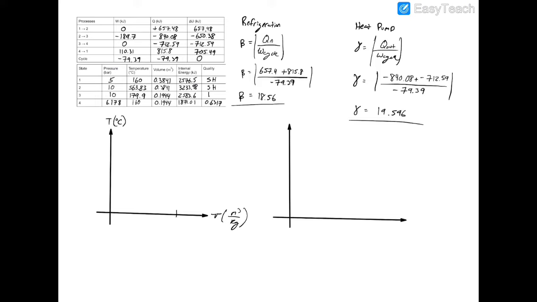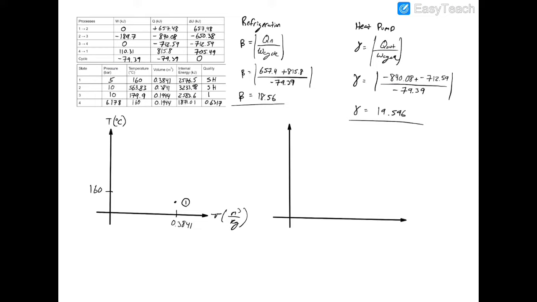So you know that at state 1, you had a 0.3841 meter cubed per kilogram specific volume, and you had a temperature of 160 degrees Celsius. So we're going to plot that as point 1. And then at state 2, you were heated all the way to 563.83 degrees Celsius, and you also had the same specific volume.